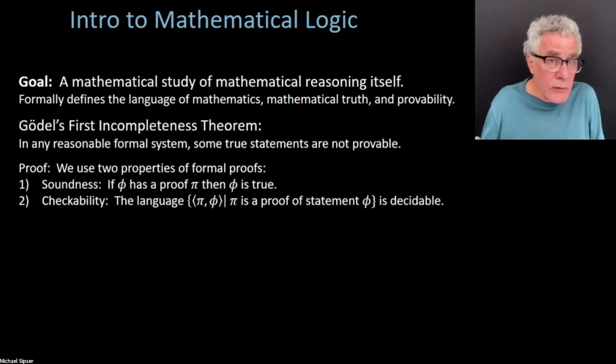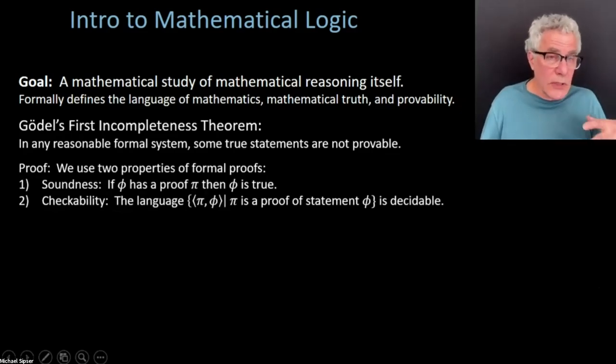It might become much longer, but in principle, a computer could check the proof. And the way we're going to frame that is that the language of all pairs of proof, comma, statement being proved, where pi is a proof of the statement phi, is decidable. So you can check by machine whether pi is a valid proof of phi.